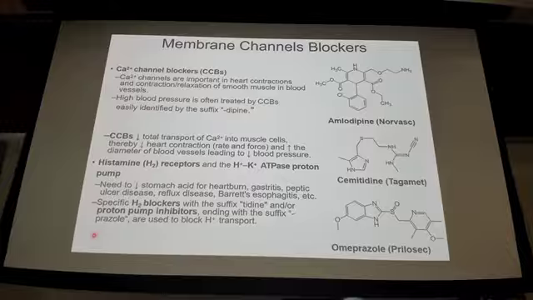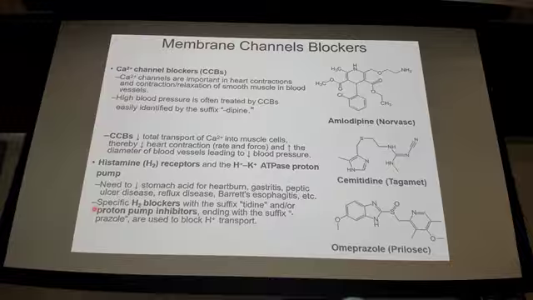So that's why we would treat somebody with high blood pressure with a calcium channel blocker. Amlodipine is an example. So if you see a drug with a dipine as a suffix, it is a calcium channel blocker. It's used to treat high blood pressure.